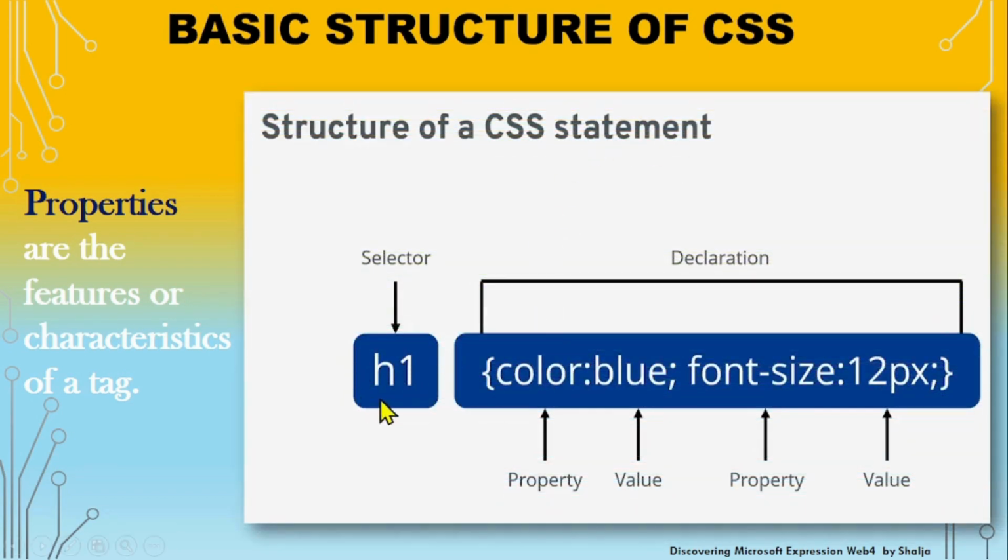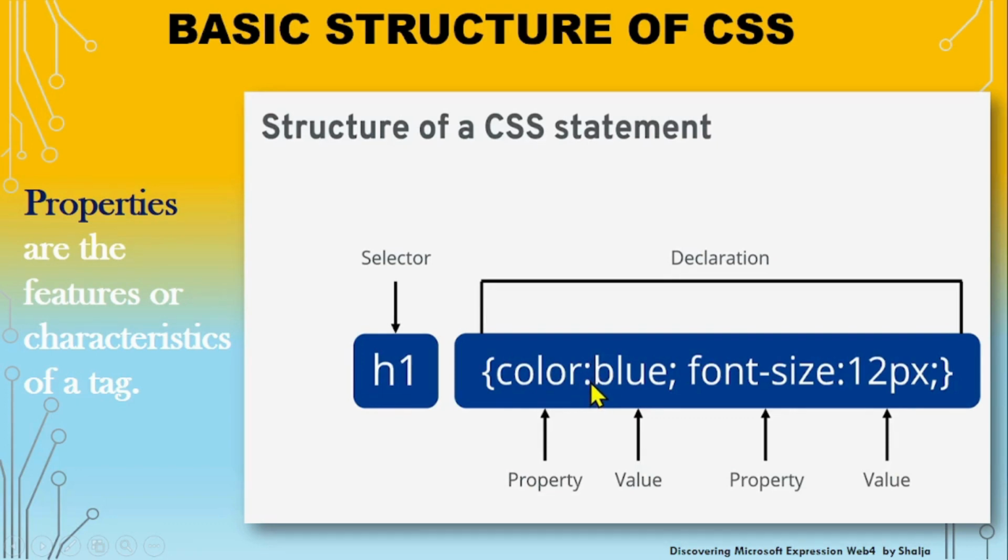Here the tag is taken in the beginning like this. For example, H1, the heading 1, is called the selector, and the declaration of the styles goes inside curly braces like this. The first property is color. The color of the heading is blue as the value here, and you have to place them with a colon.